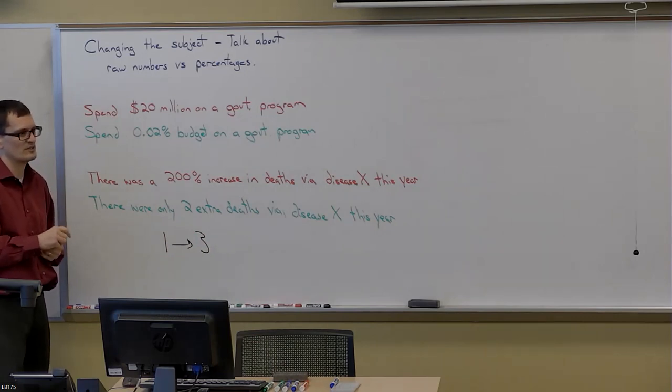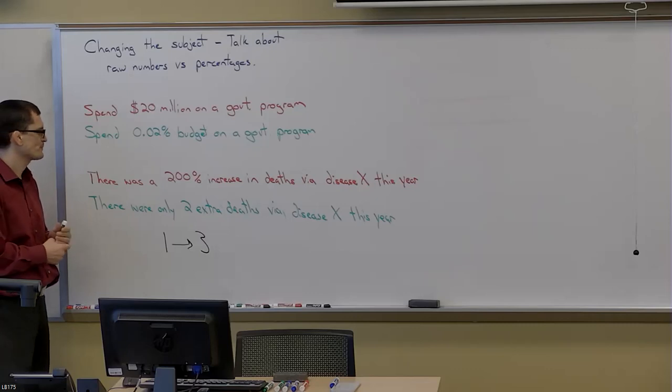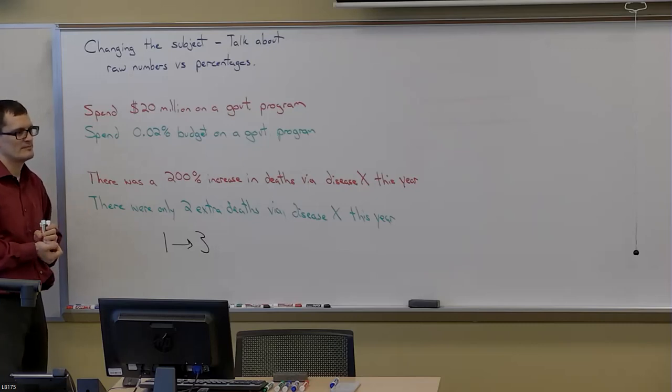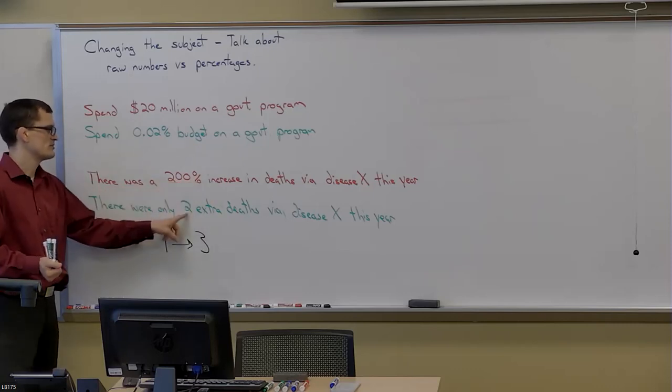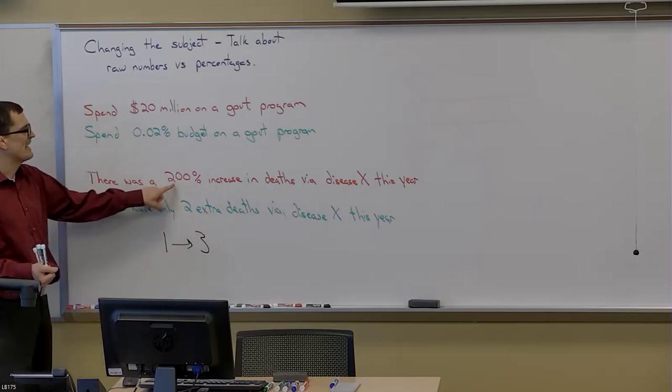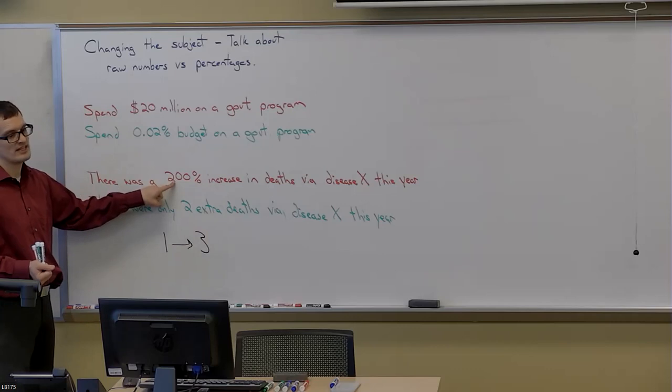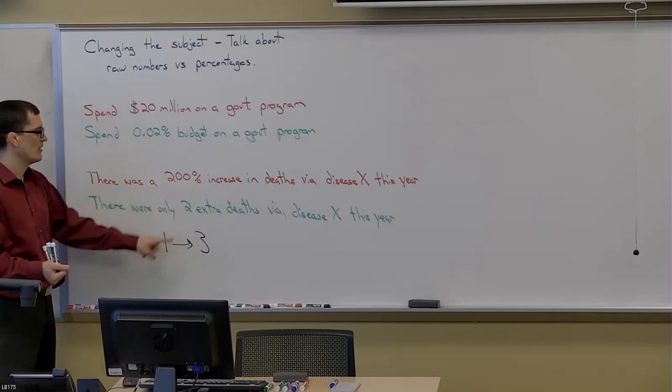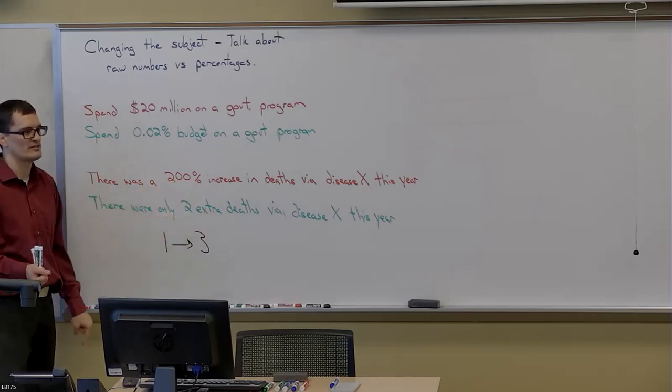It's like 340 million or something like that. 3 deaths by a certain disease is not really cause for worry. You know? Does that make sense? So 200% increase versus 2 extra. In that case, the percentage sounds like a really big increase, where the raw number sounds like a really small increase.